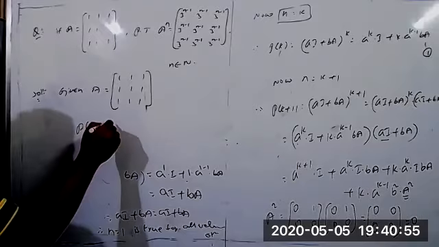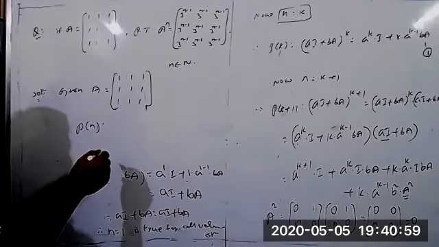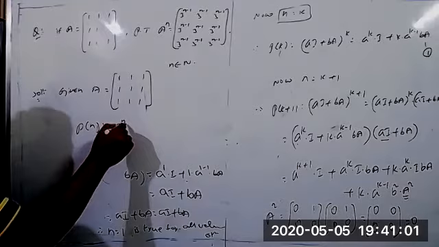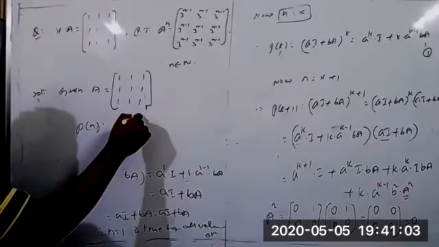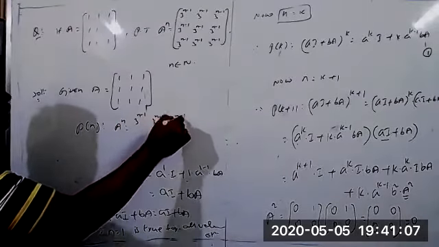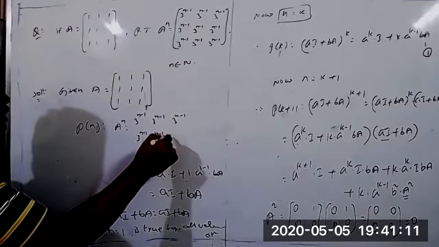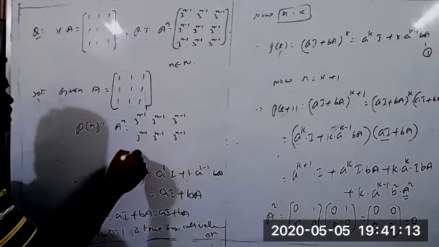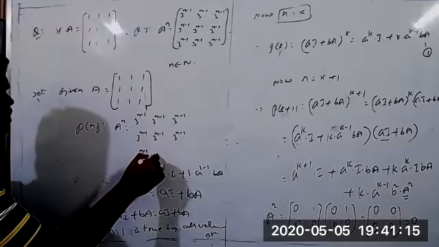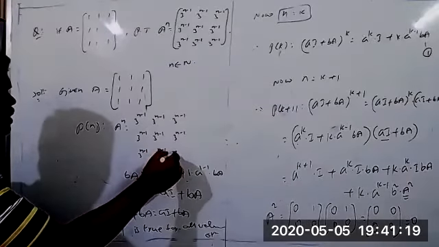And P of N you can take such that A power N equals the matrix with every element 3 power N minus 1.